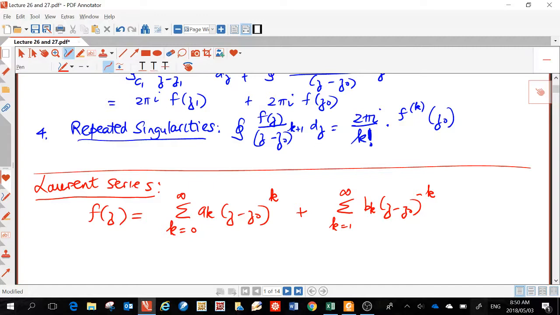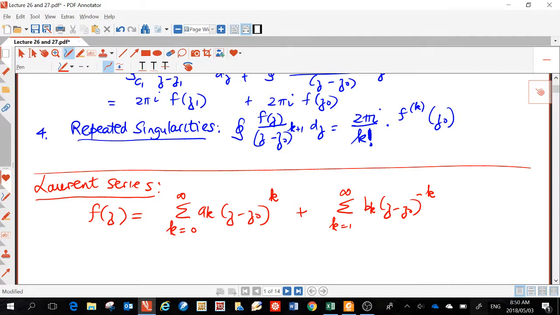If it stops at some number, let's say it goes from k equals 1 up to 3, in other words, you stop at (z minus z naught) to the minus 3, then we say the pole is of order 3. The highest order of the negative exponent is regarded as the pole. It has a pole of order 3.